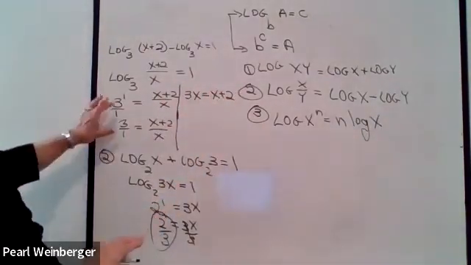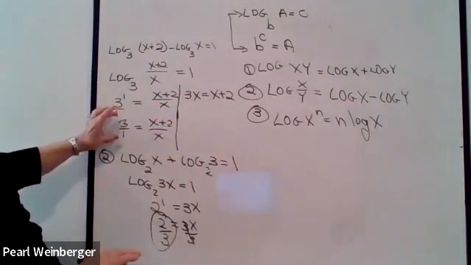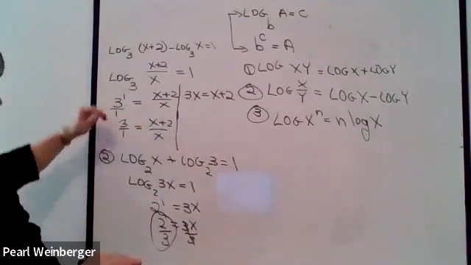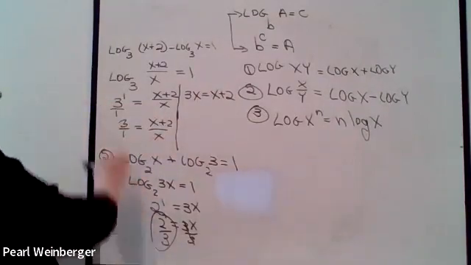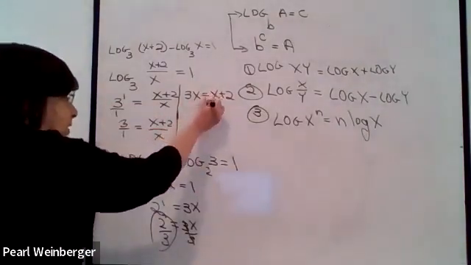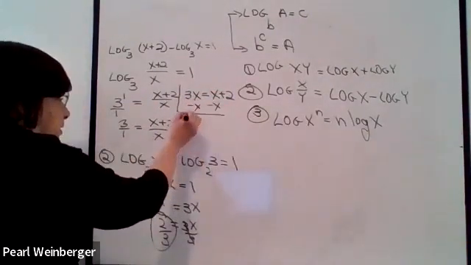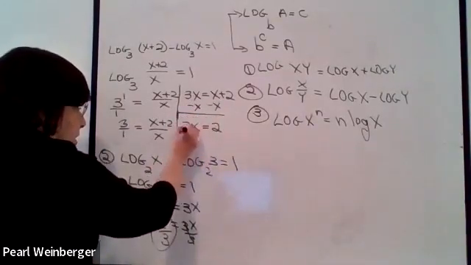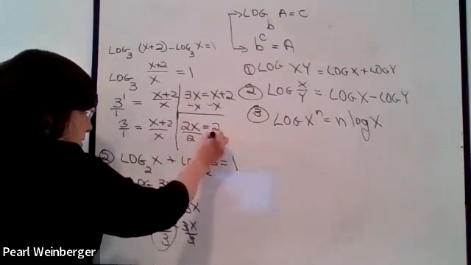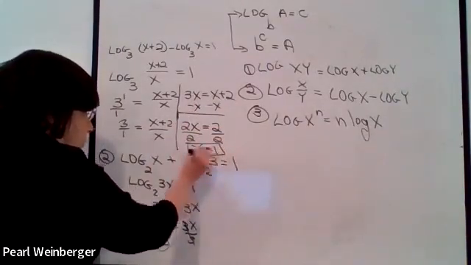We can solve these fractional equations because it's a proportion, one fraction equaling another, so we cross multiply. And again, I'll subtract x from both sides. This is now an easy equation to solve. I get 2x equals 2. And that gives me my answer: x equals 1.